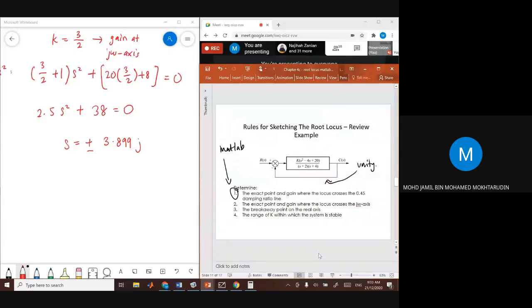Okay, so this is the point of frequency at the JW axis.